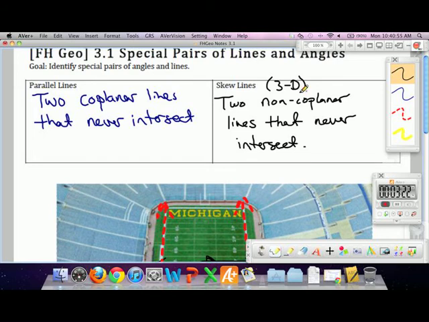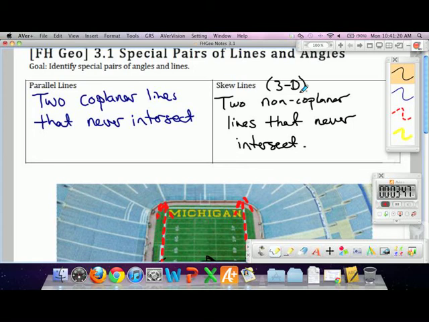Like if you're in this classroom, an example of skew lines might be one of the runners on the ceiling going from front to back, and the edge of the metal board here. They go in different directions and they're on different planes. They're above and below and moving in different directions. They're skew lines. Okay.